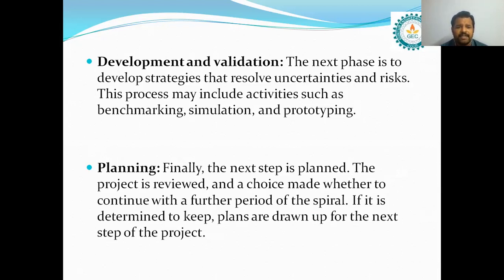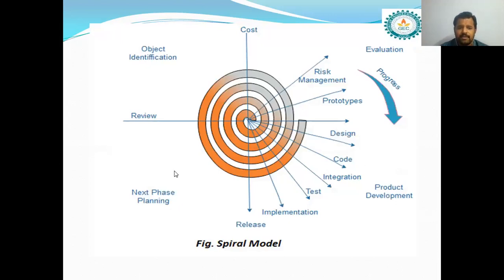If it is determined to continue, the plans are drawn up for the next step of the project. If the same spiral is continued, we continue with that cycle. Otherwise, if we choose another cycle, we have to prepare the plans for the next step of the project. See the diagram, here we can plan for the next phases for further cycles.